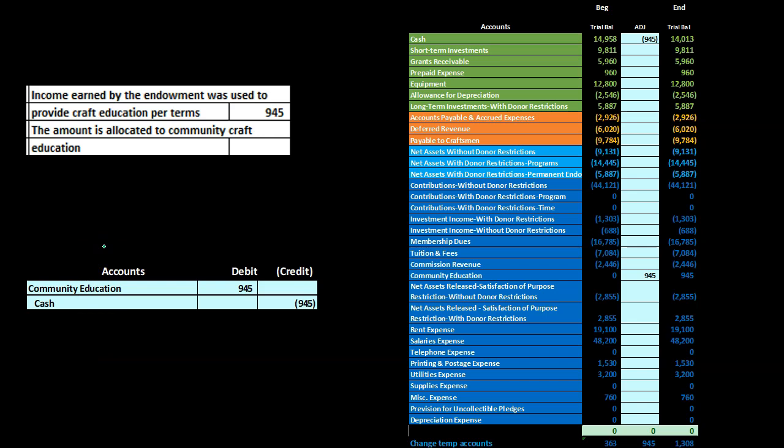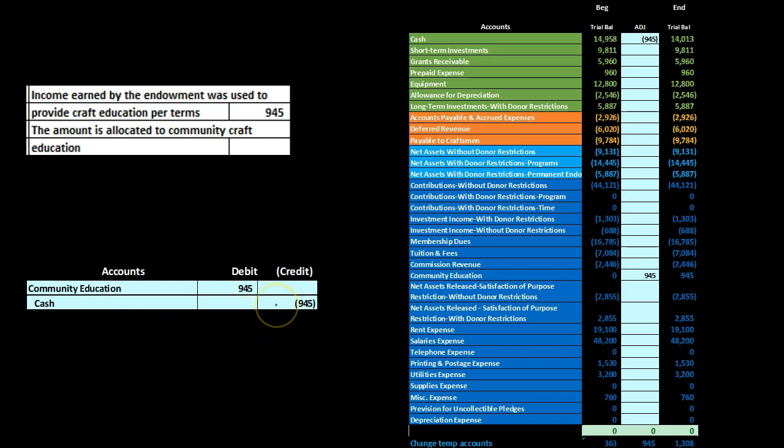So we spent this specifically on craft education, and once again, whenever that is the case, we want to make sure that we unrestrict the assets. So we're going to have that same kind of transaction, moving from with restrictions to without restrictions. The transaction is going to be community education, a debit. This is the first transaction, because that's the activity we spent it on.